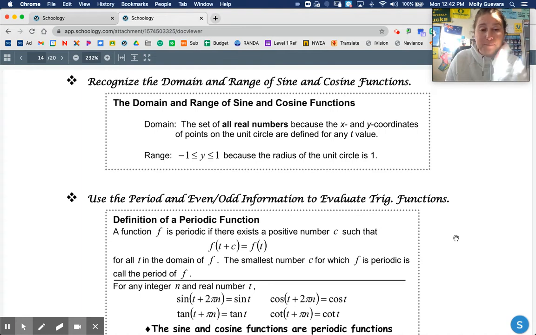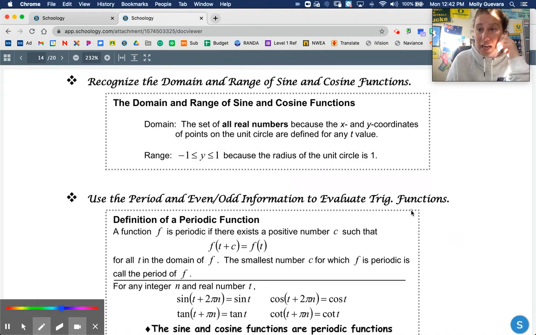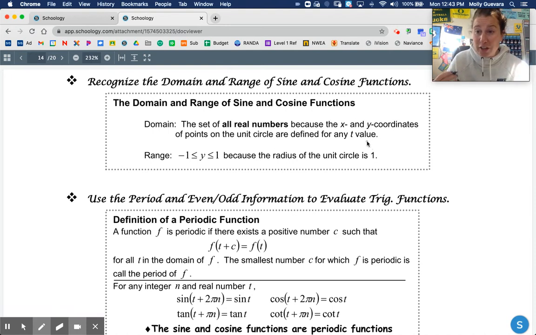For the domain of sine, cosine, or tangent, it's any angle that you can plug in. So the domain is the set of all real numbers. I'm going to switch to degrees just because it's easier right now.